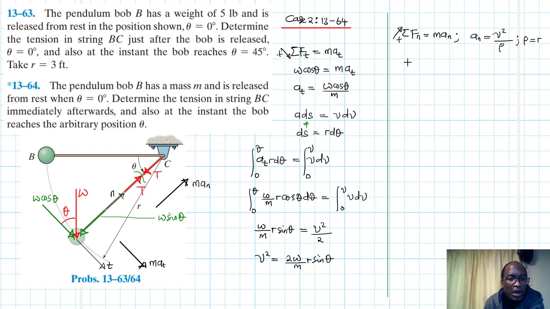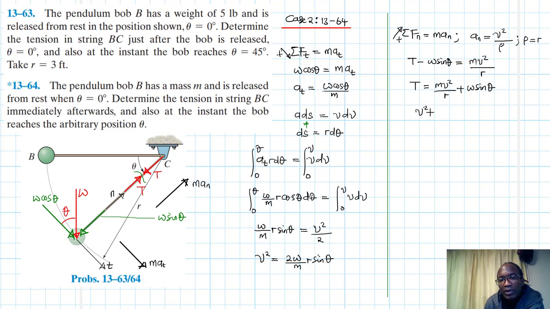This one becomes T minus W sine θ, and this is just equal to m v squared divided by r. And then our T therefore is just equal to m v squared divided by r plus W sine θ.